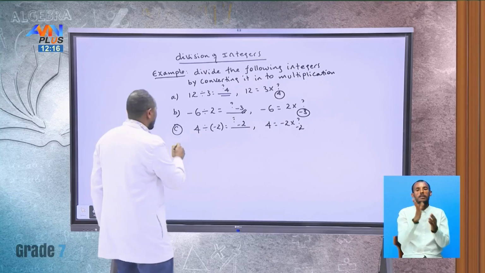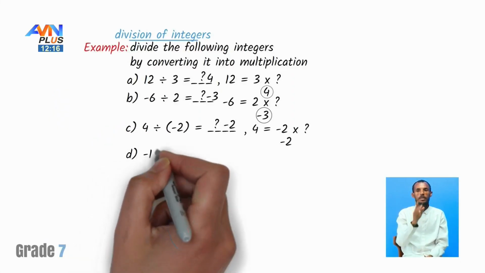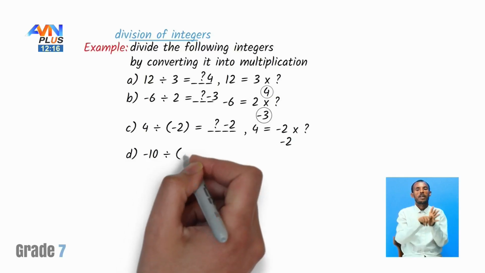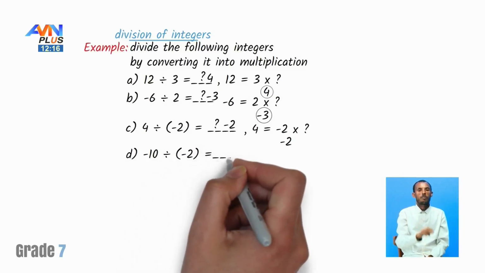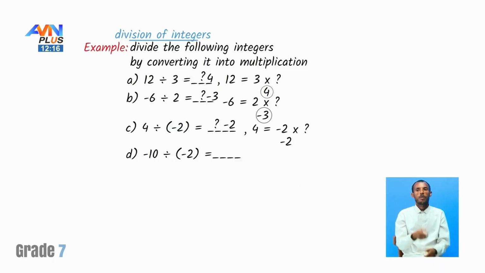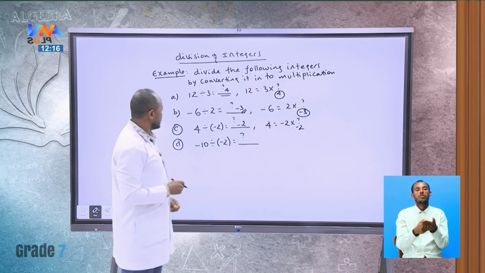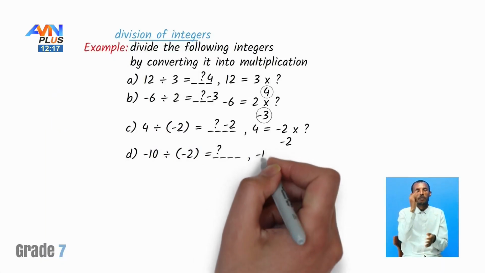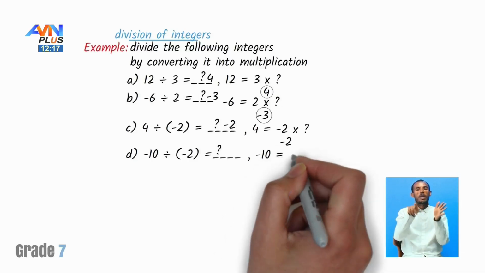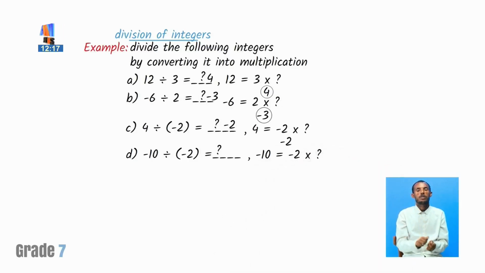Again, let's add one more example. Let's take this. Negative 10 divided by negative 2. What will be the answer? Let's convert this into product form. So we get negative 10 if we multiply negative 2 with a certain number.